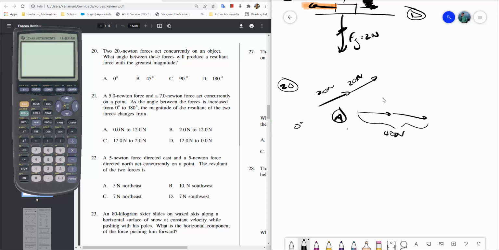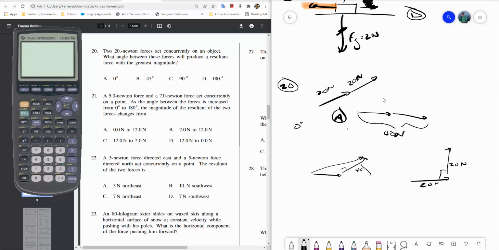If they're at 45 degrees, 20 and 20 at 45 would be something less than 40. You can do the math. Honestly, it's going to take a lot of time to do for each of these choices, it's not really worth it. If you did 90, you'd see that 20 and 20 gives you an isosceles triangle.